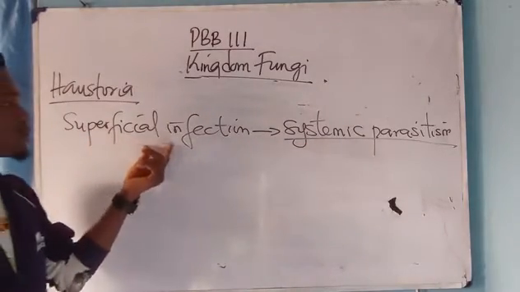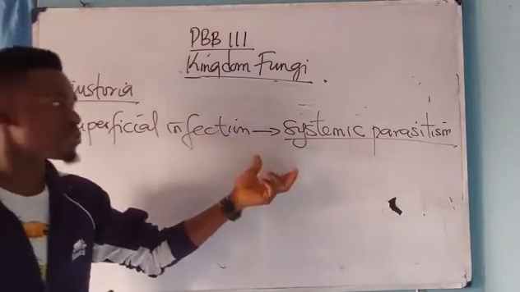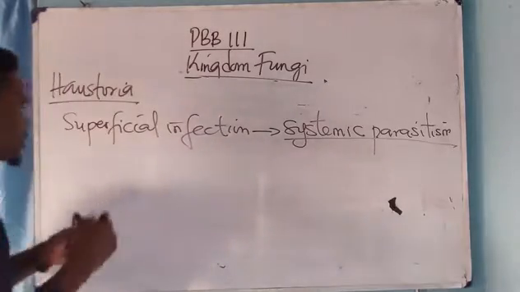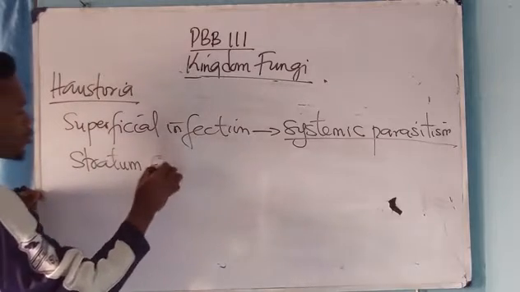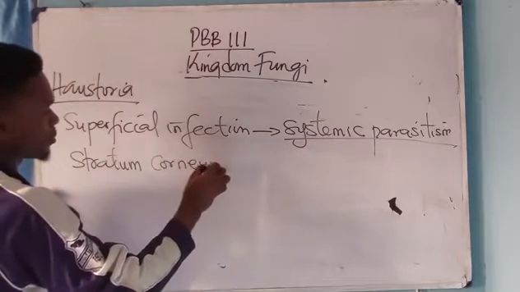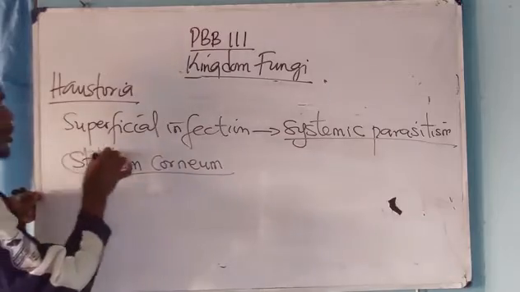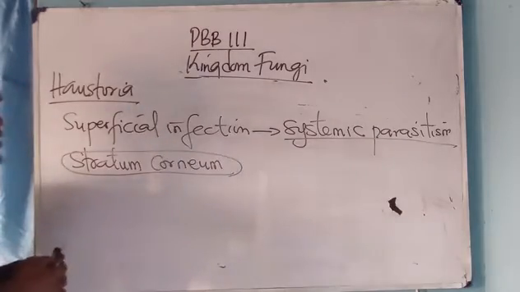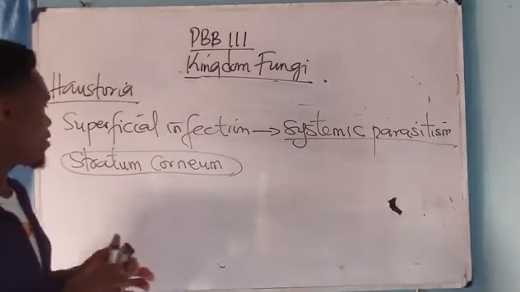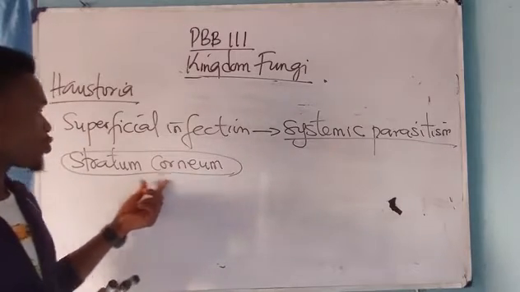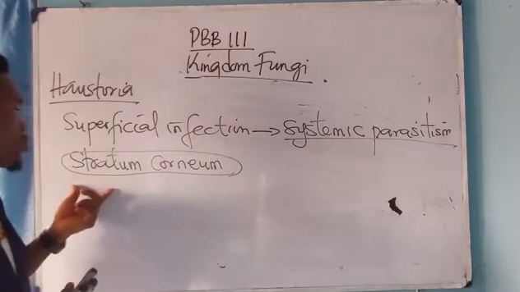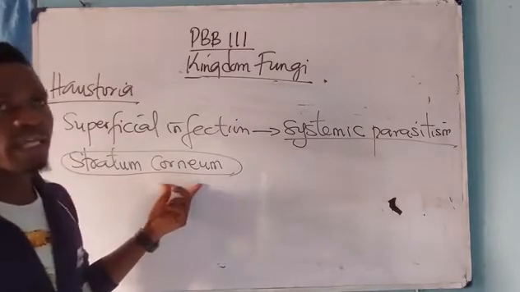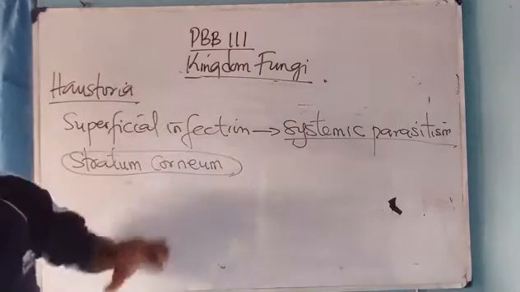What is the meaning of superficial infection? It's an infection caused by a fungus when it is restricted to the stratum corneum of what? The skin. You know the epidermis of the skin has different strata. We have the stratum corneum, the stratum basale, the stratum spinosum, the stratum lucidum, and I think those are the different strata of what?